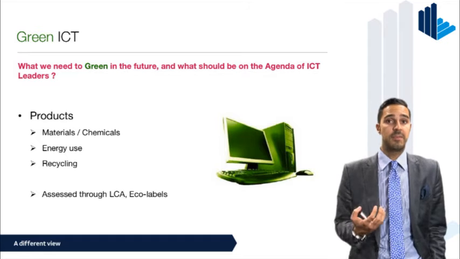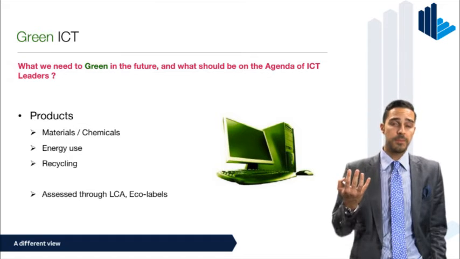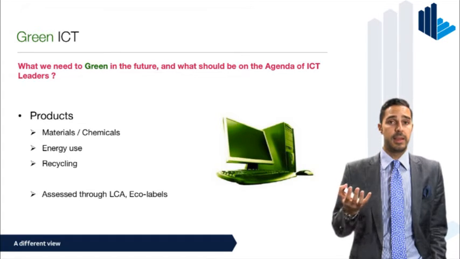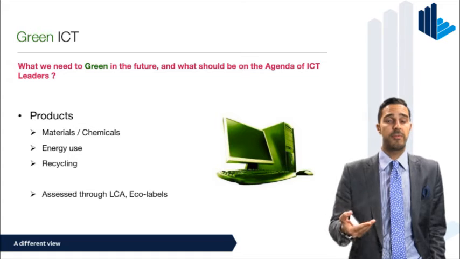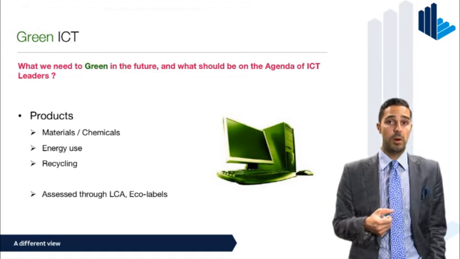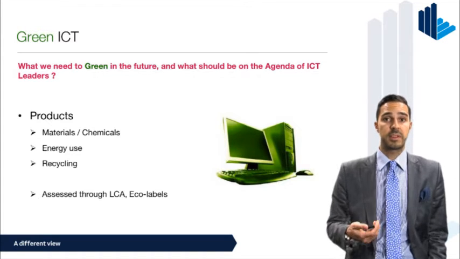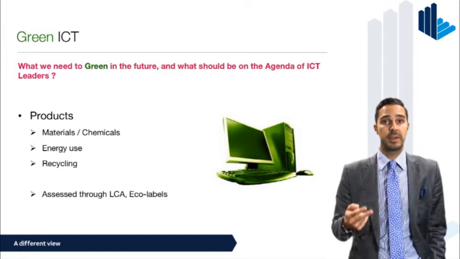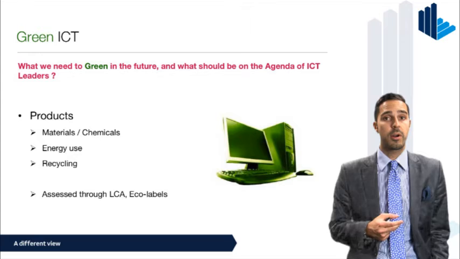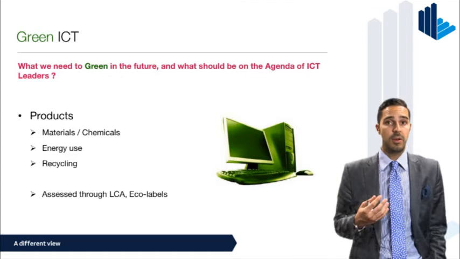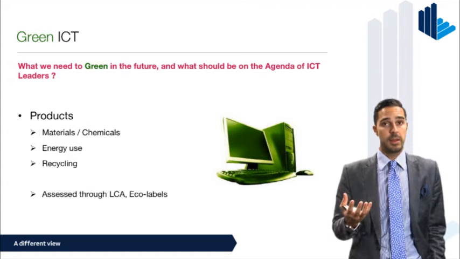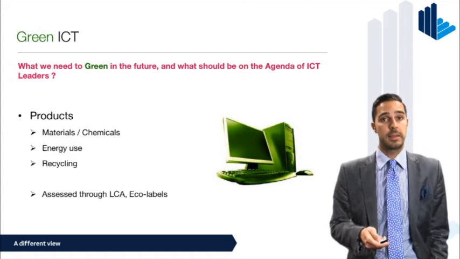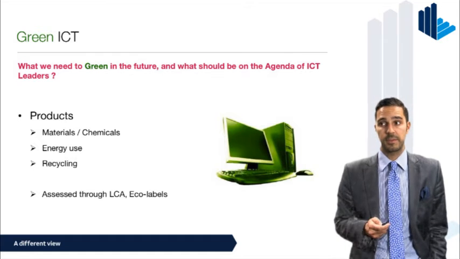This means specific certifications that assess the environmental performance of products based on different criteria. For example, based on the energetic performance, based on the materials that are used for making the product, based on different sustainability perspectives.